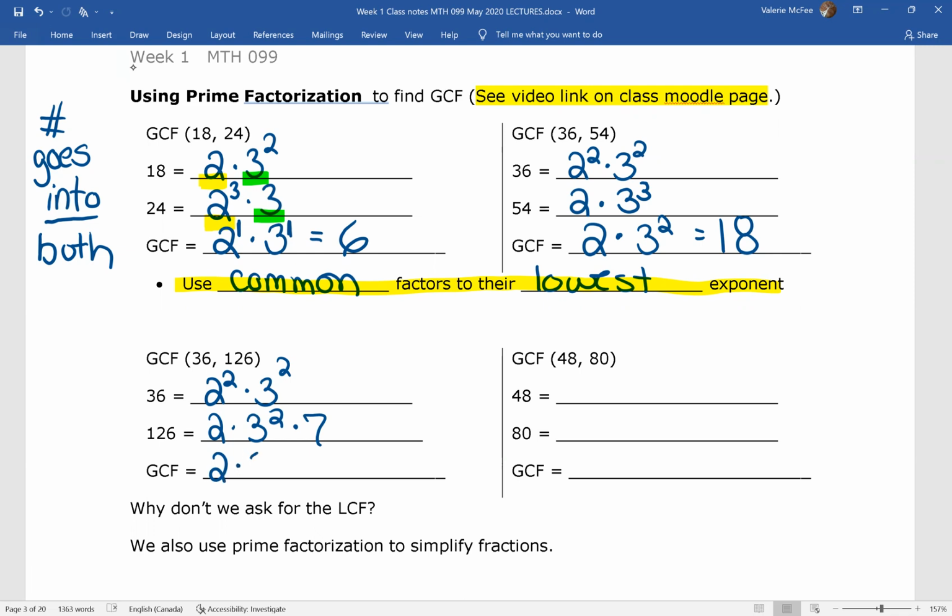They both have 2 factors of 3. They do not both have 7. The greatest common factor is 18 again. Pause your video again and find the greatest common factor of 48 and 80 using prime factorization.